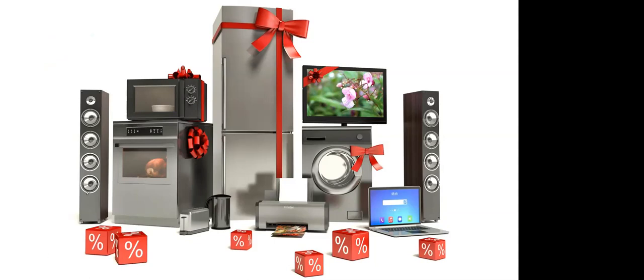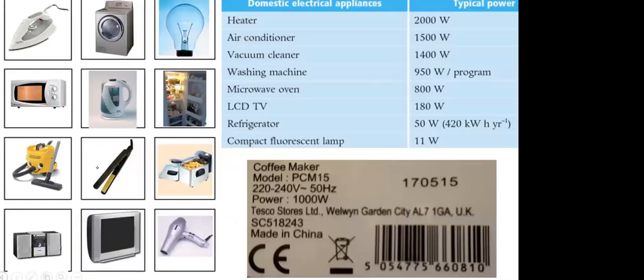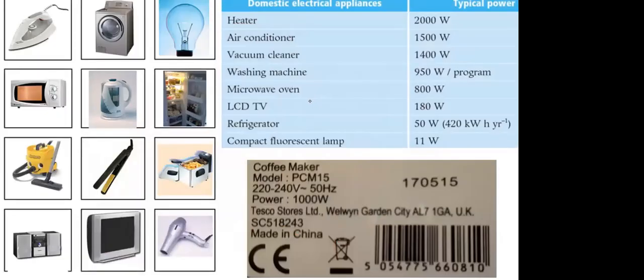Therefore, let's see why this watt value is important. Okay, look at the next one. Now, why is the watt value so important? Can you see here? You can see this 1000 watt here. It's printed here.